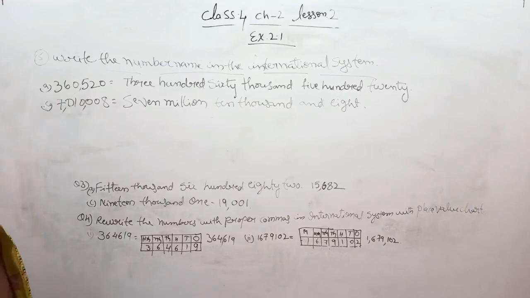Now we have to go for question number 6, that is using the international place value chart, write the numeral for each of the following, placing the commas at the right places.